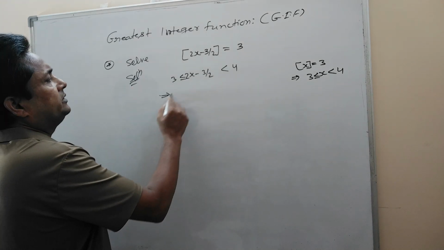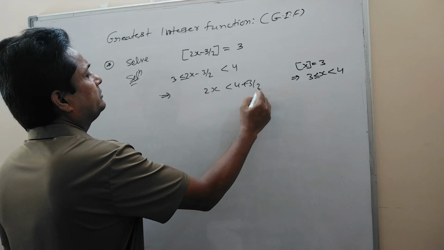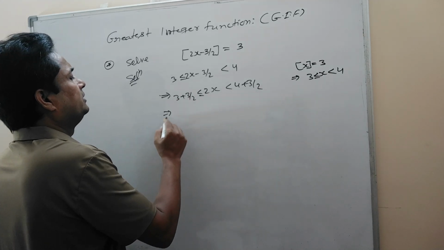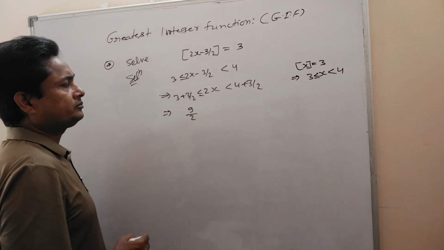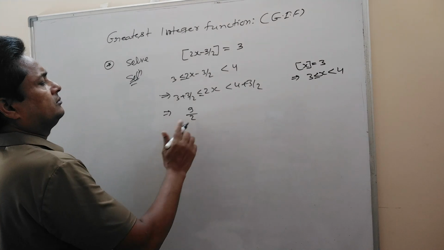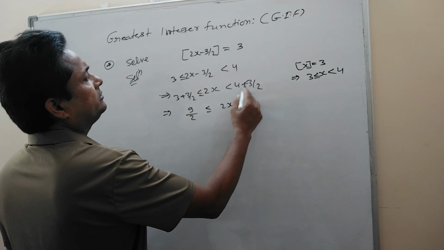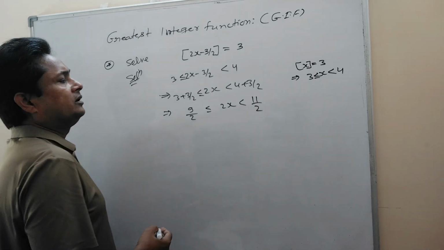So what will be next? 2x lies between less than 4 plus 3/2 and greater than or equal to 3 plus 3/2. That means this is 9/2 less than or equal to 2x less than 11/2.